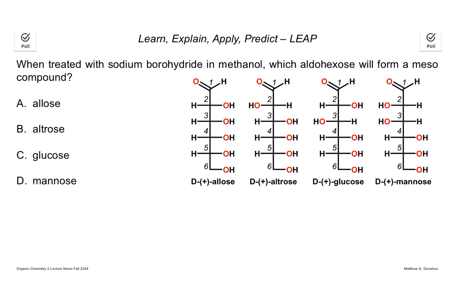So if there were 16 total stereoisomers of the hexoses, he figured out the right one. And using his knowledge of chemical reactions, he was right. So this question is asking you, if you take sodium borohydride, which was a reducing agent we learned, and remember that only acted upon oxidation state 2 functional groups, so aldehydes or ketones.